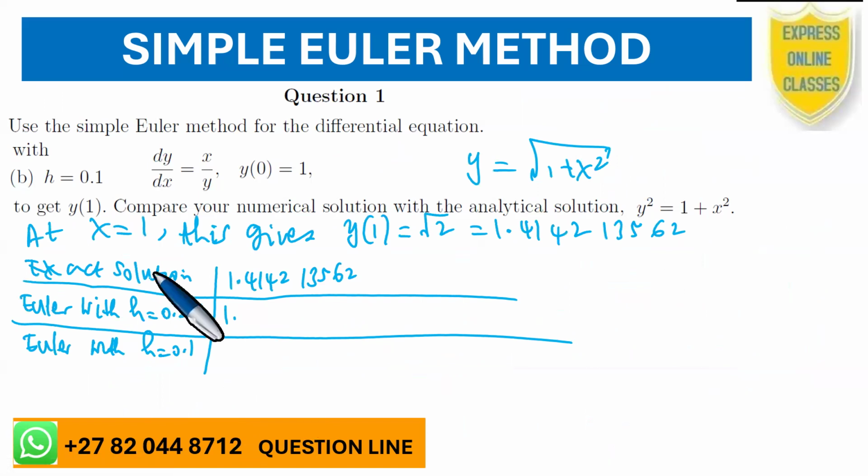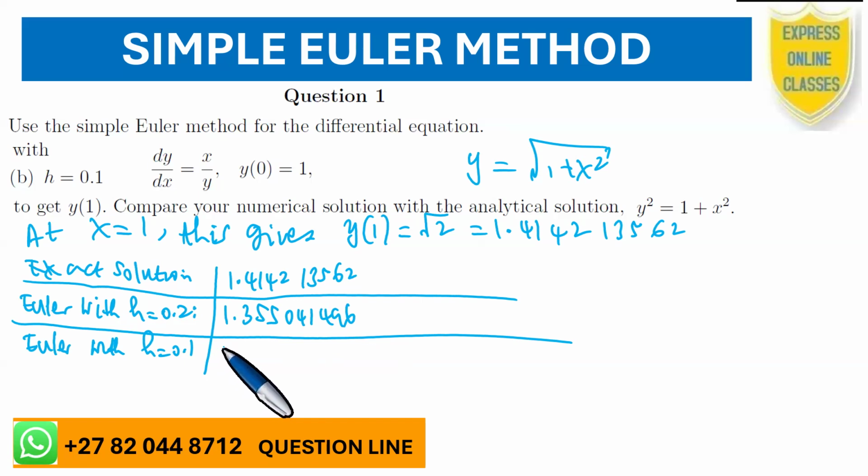So we put here 1.355 for the 0.2. That's what we got first, 1.355041496.